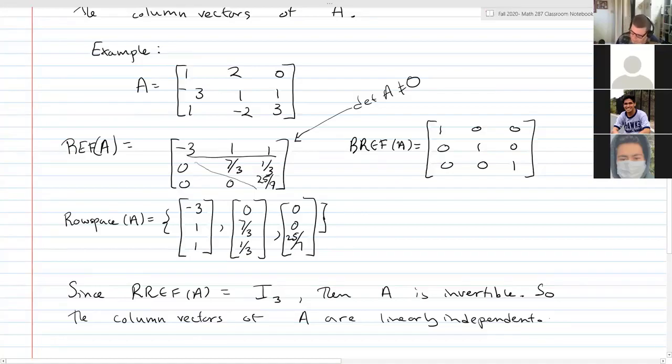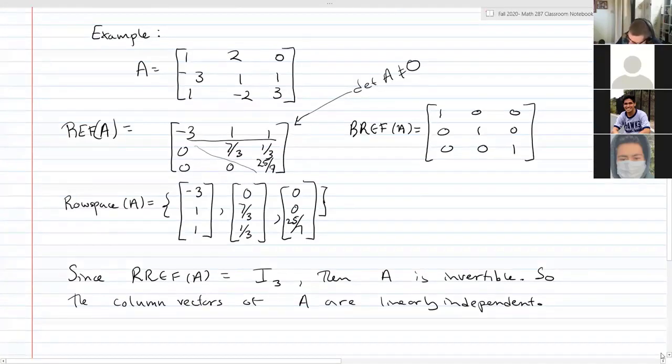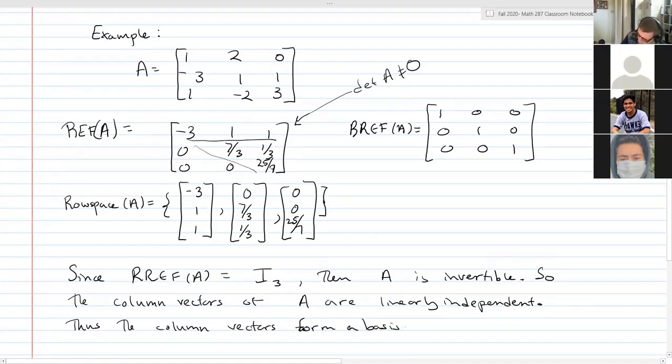And because the column vectors of A are linearly independent, thus the column vectors form a basis. They form a basis because they're linearly independent.